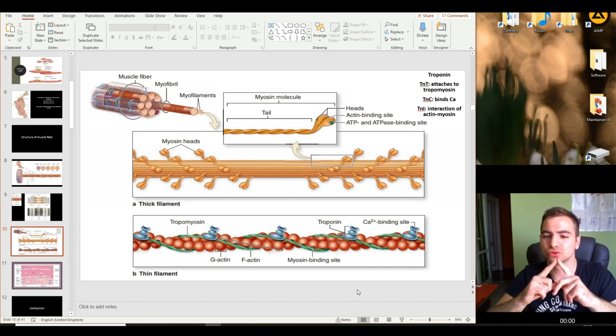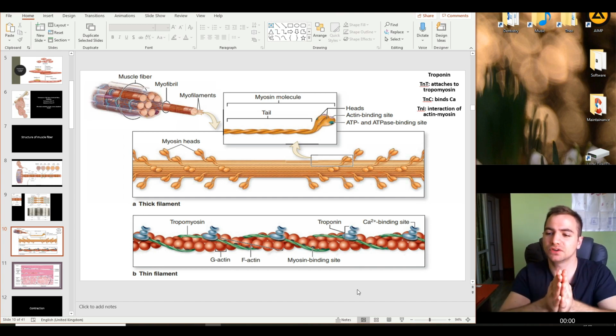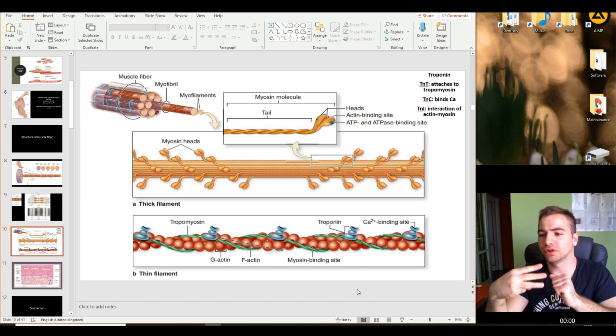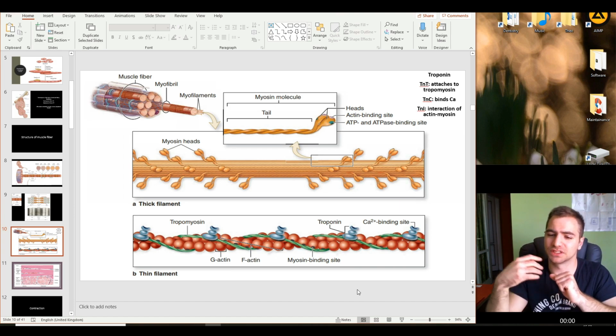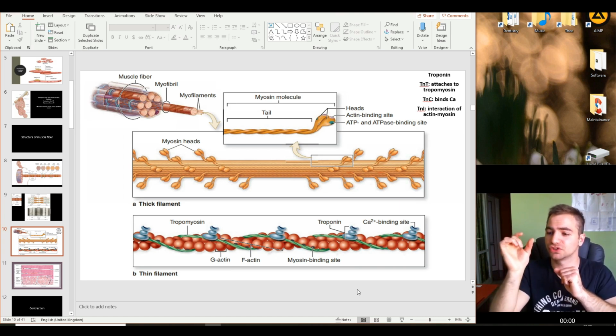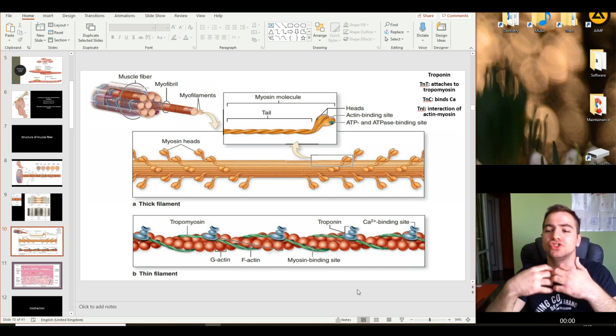Now, let's focus on the thin filament. This is actually the most interesting part of the muscle to me, in my opinion, the thin filament. Why? Because here we find three different units that play the biggest role in contraction. Of course, we have the F-actin. We discussed what F-actin is. F-actin comes from the word filamentous actin, which is practically a polymer of G-actin.